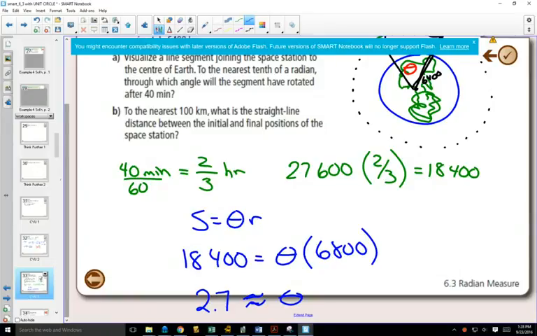To the nearest 100 kilometers, what is the straight line distance between the initial and the final position of the space station?